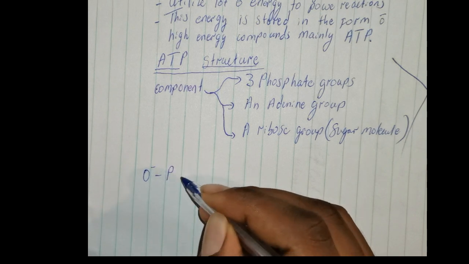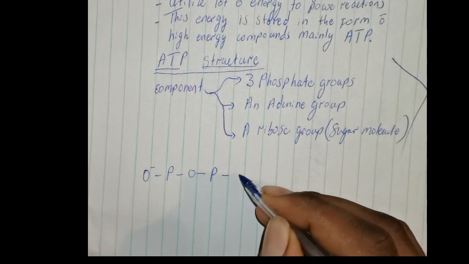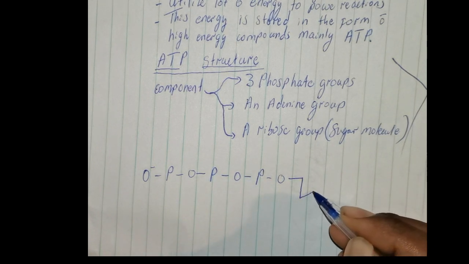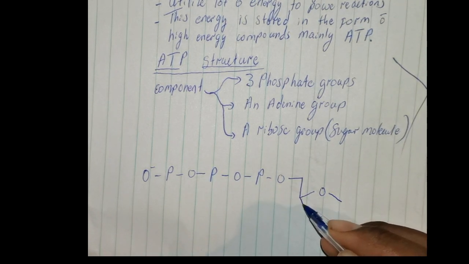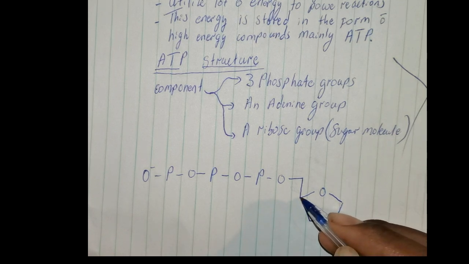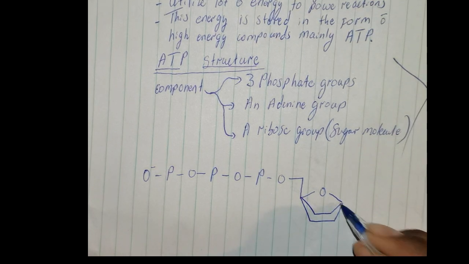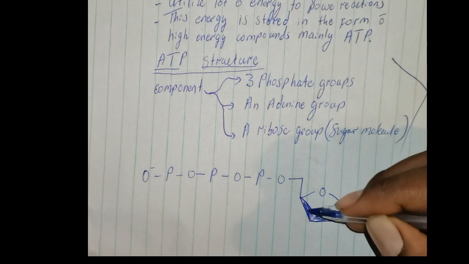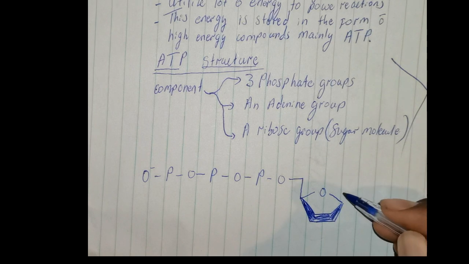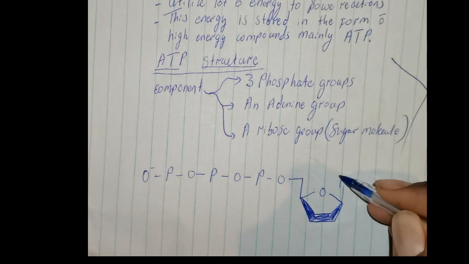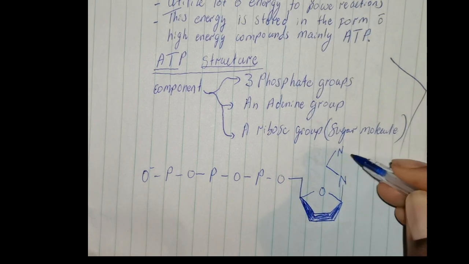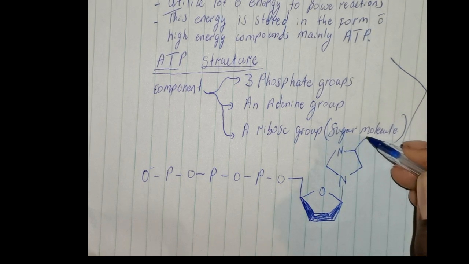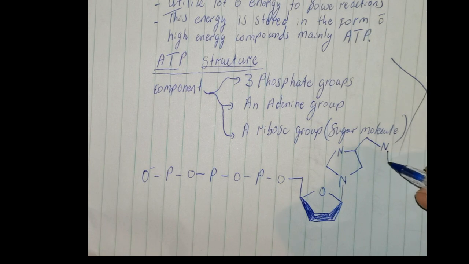It begins with a ribose group. However, my drawing cannot be quite accurate. An adenine group, a ribose group is bonded to an adenine group.